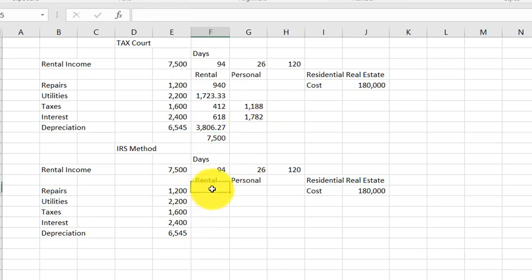Now, if we were to go down here under the IRS method, the repairs would be the same, utilities would be the same, okay? Depreciation, the original calculation, would be the same, okay?